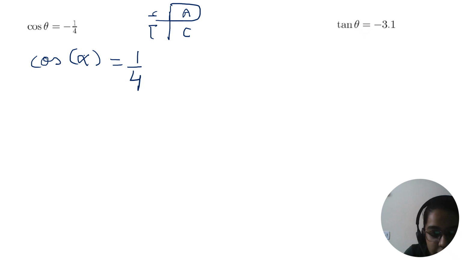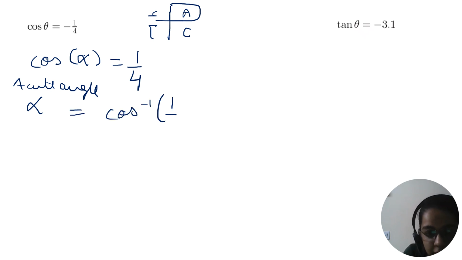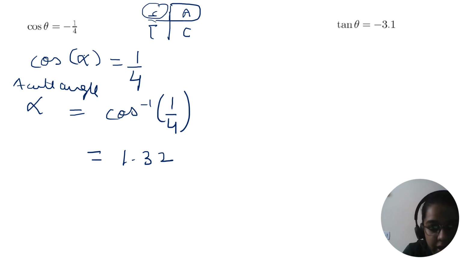To find that acute angle alpha, I do alpha equals cos inverse 1 by 4. When I put this in my calculator, I get 1.32. Now initially my cos is negative. Negative cos means it lies in the second and the third quadrant. For my second quadrant, any angle is given by pi minus the acute angle.